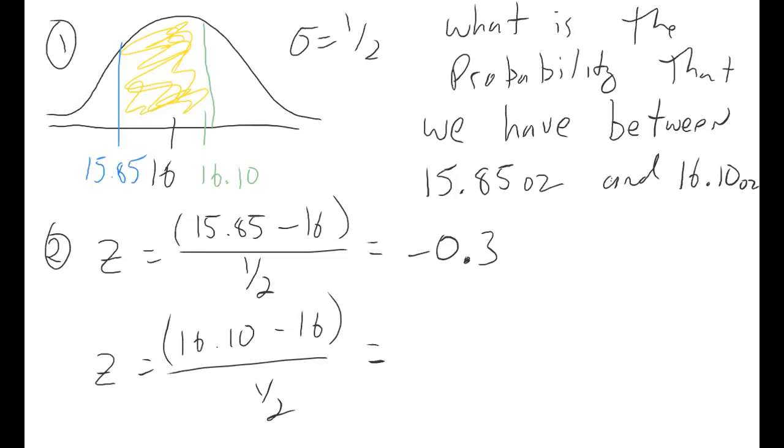I keep trying to get numbers that go into 2 decimal places, and I have yet to be able to do that. So we got negative 0.3 and a positive 0.2. Yep. And we go to our table. Step 3, table. Right? And so this table value and this table value.